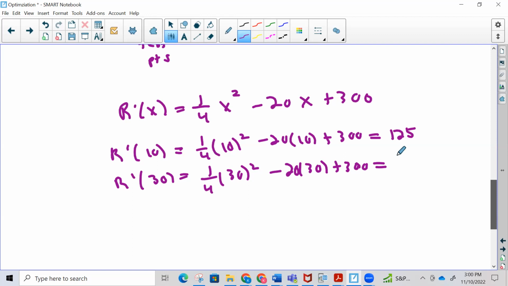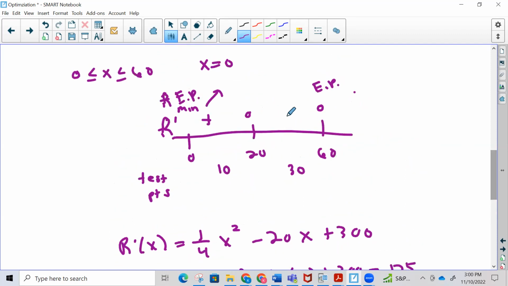I get negative 75. Okay, so that means it's decreasing on this interval. It's negative, so it's decreasing, which means 20 is a max and 60 is going to be a min.